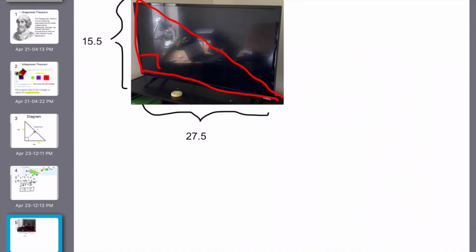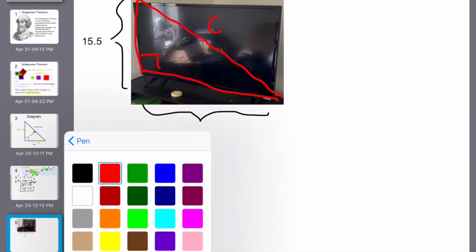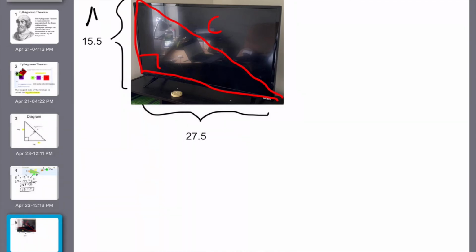I can tell that this is a right triangle. I'm going to be solving for the size of my TV, or for my c, the hypotenuse, and I have side lengths a and b of 15 and a half and 27 and a half. And I remember that the Pythagorean theorem is a squared plus b squared equals c squared.